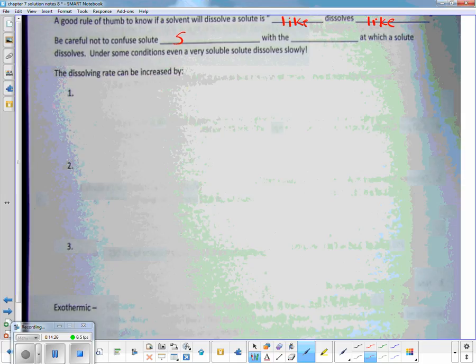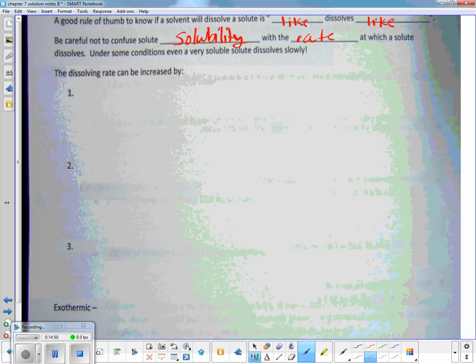What can you use to help the rate increase? Heat. Making more surface area. Movement, as in stirring or agitation. Okay, and those are our 3.